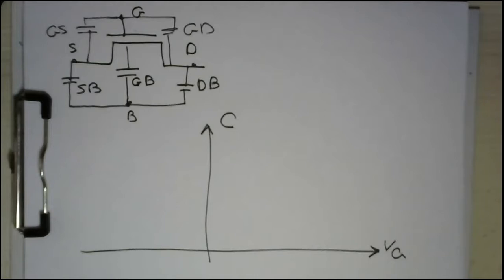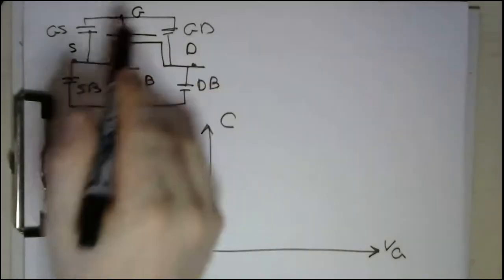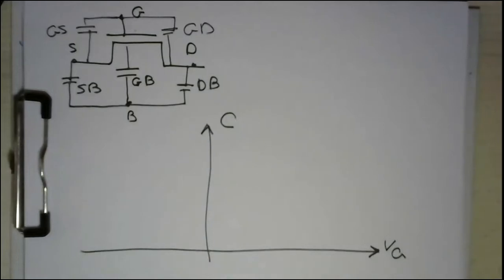Okay, perfect. So first of all, in order to examine these capacitances, we have to check in each stage of operation which of these capacitances is dominating, which of these capacitances has a significant impact on the overall capacitance of the loop.